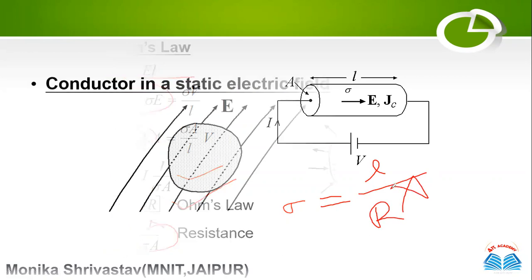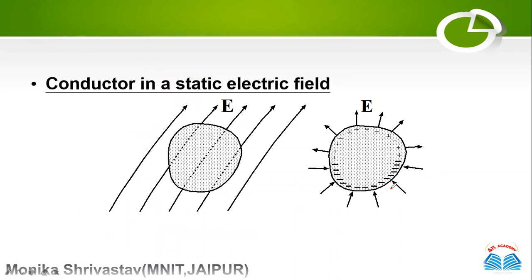Okay, so if we talk about a conductor in a static electric field, suppose we have put any conductor in a constant or static electric field. Static means constant. The static electric field means the value of electric field is constant at every point. So if the conductor is put in a static electric field, then polarization takes place.